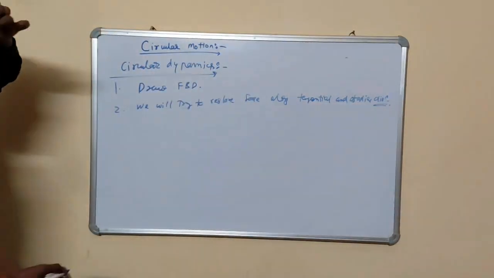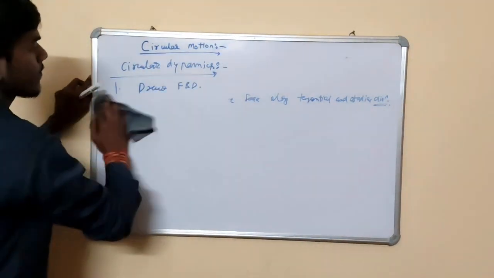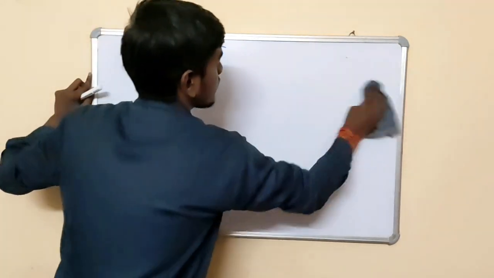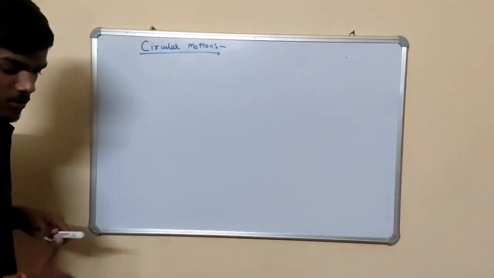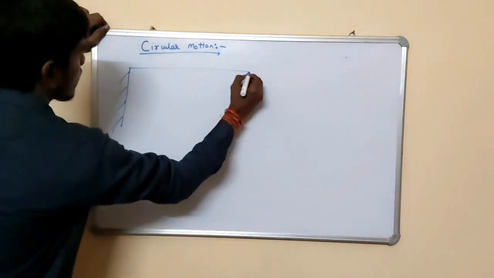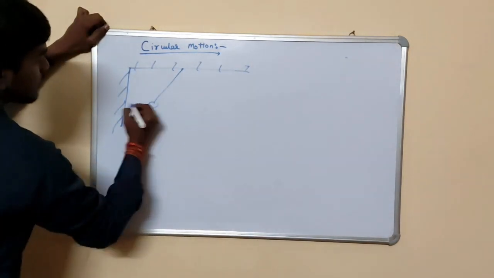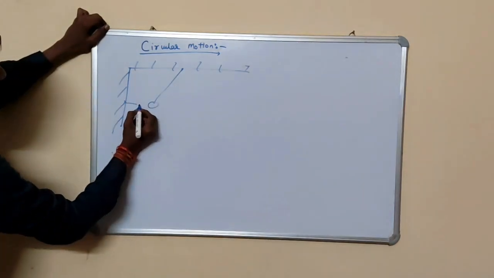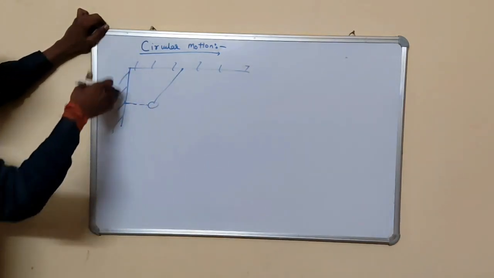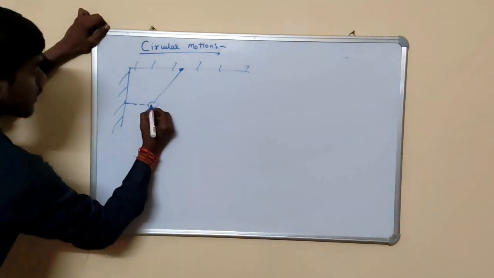So let's try to understand this with an example. Suppose we have a pendulum attached here, and it is also connected to this wall, and here it is in equilibrium position.